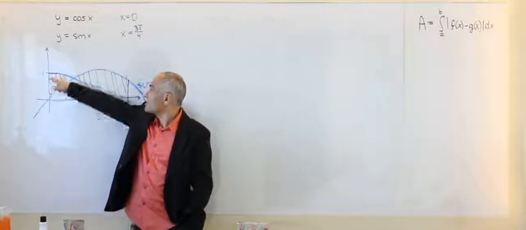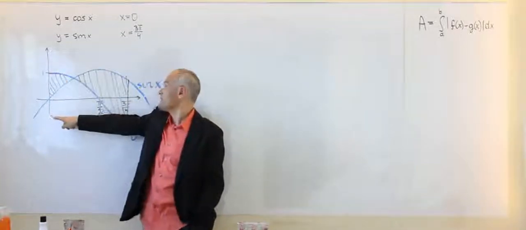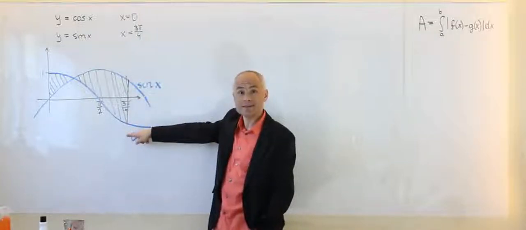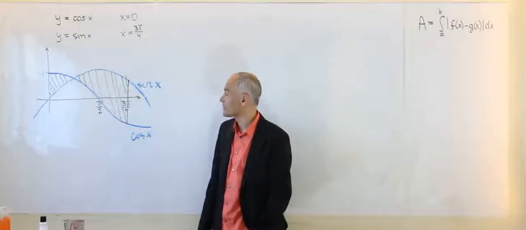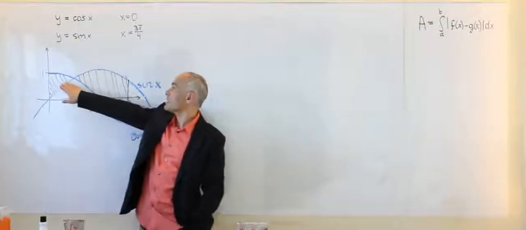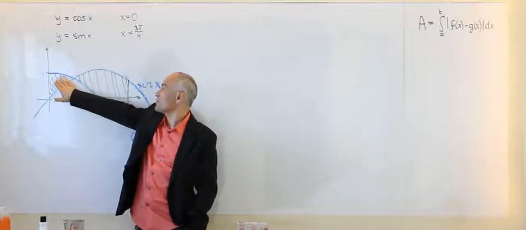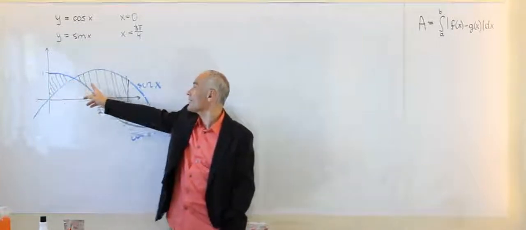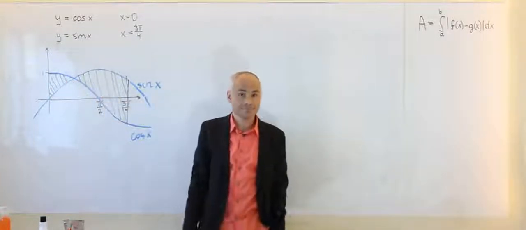So that's the first vertical line, x is equal to 0, and that's the second one, x is equal to 3 pi divided by 4. The region trapped between these two curves and the lines is this shaded area and this shaded area.